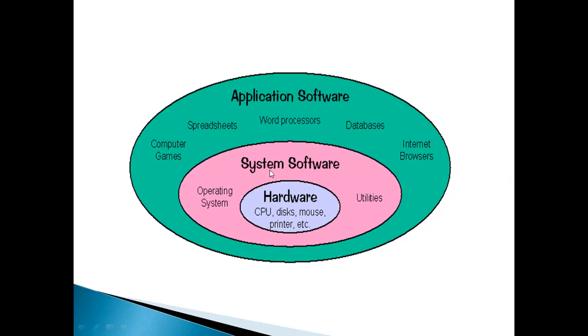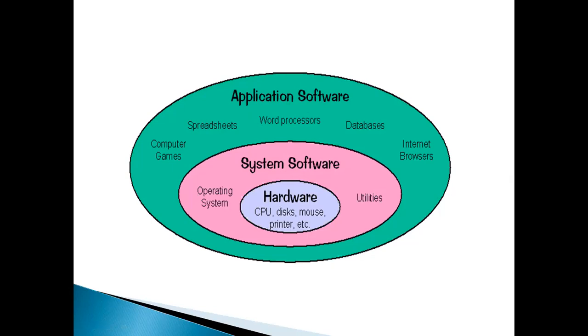These are the system softwares: operating system, utilities, language processor, device drivers. So in hardware there should be system software installed, and only then can you use application software. I will give you a very good example. When you buy a phone, for example an Android phone, the Android operating system is already present, because of which you can make use of different apps like WhatsApp, or play different games on that.